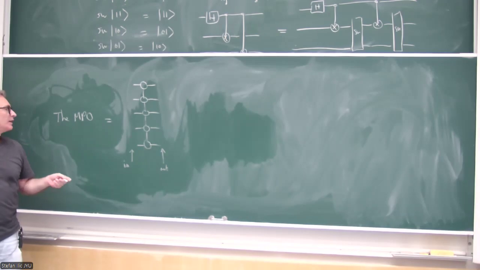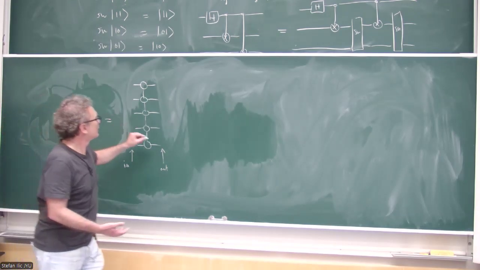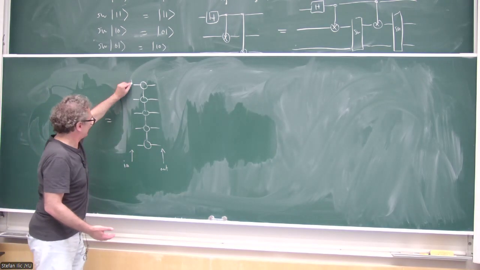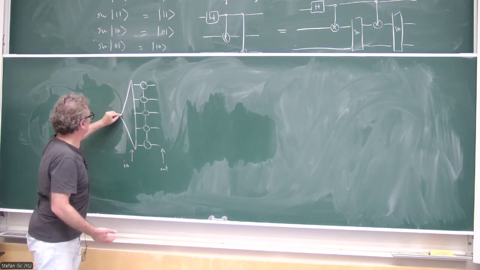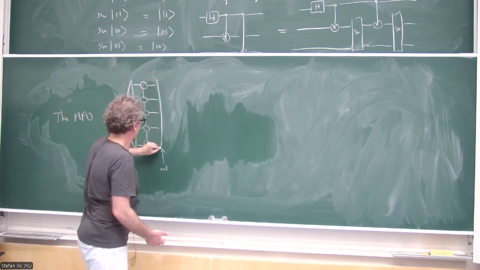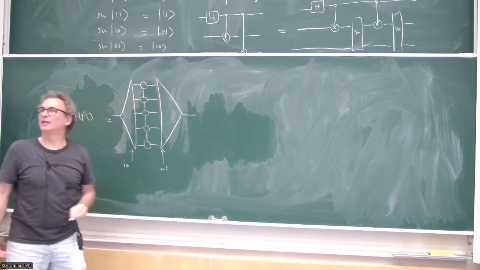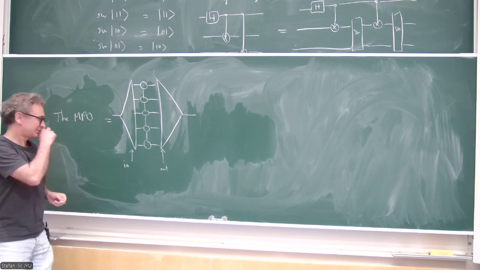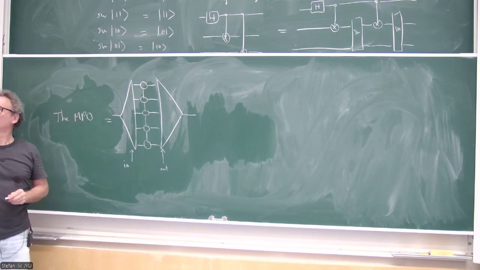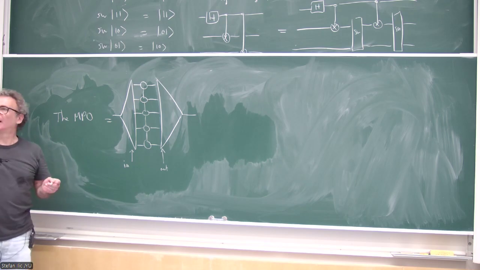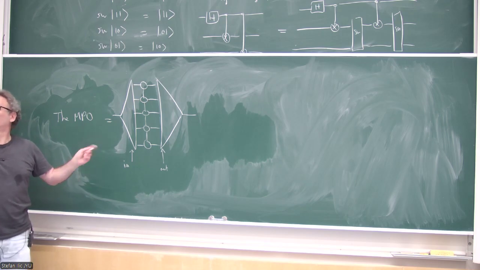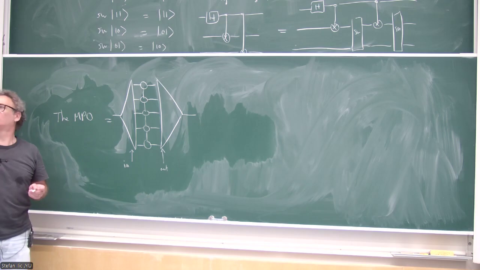You can really consider it, if you flatten it like that, as a big matrix. So MPO, matrix product operator, is to matrices what MPS are to vectors.